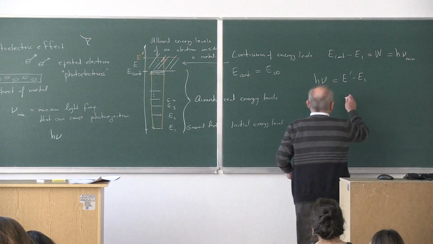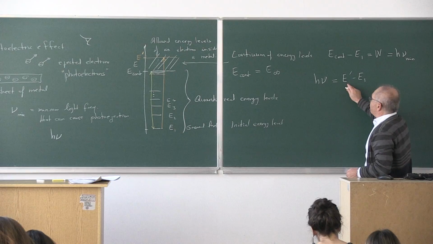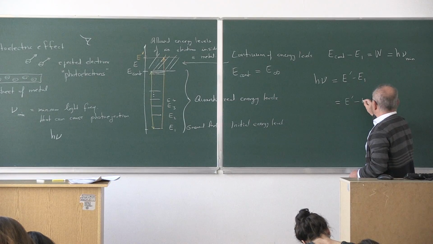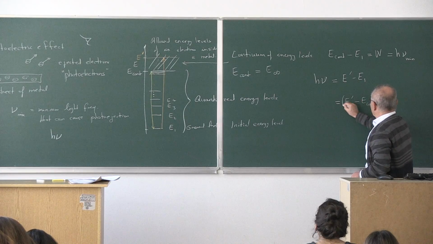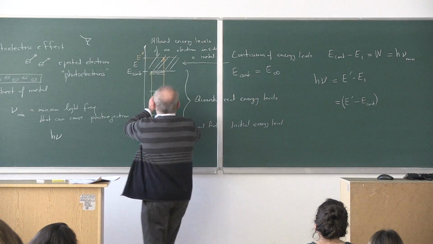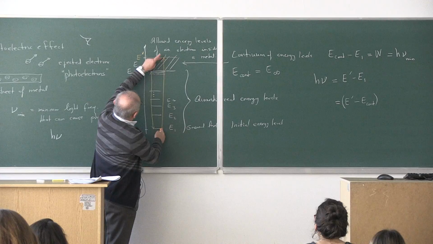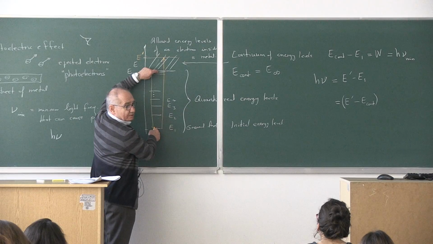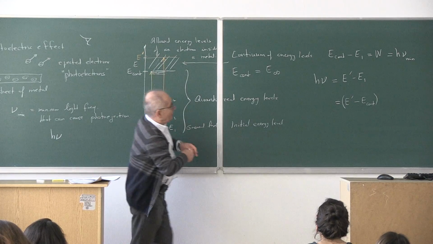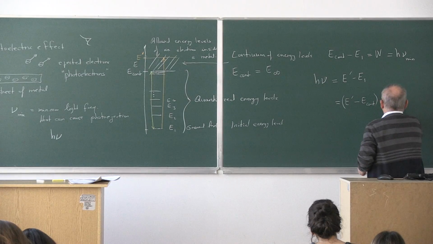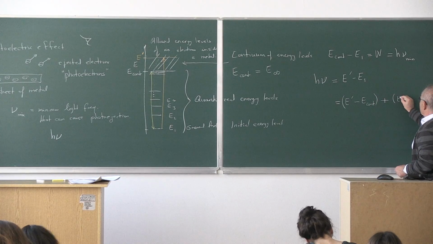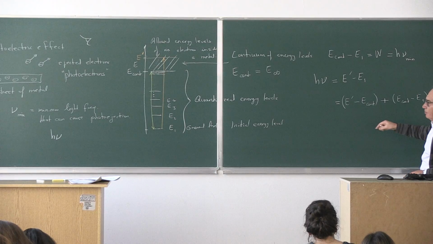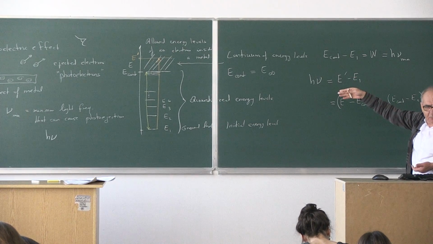Now, this expression, we may write it as E prime minus E continuum. In other words, the energy difference between that level and that level is equal to this difference plus that difference, isn't it? From the diagram, it should be obvious.